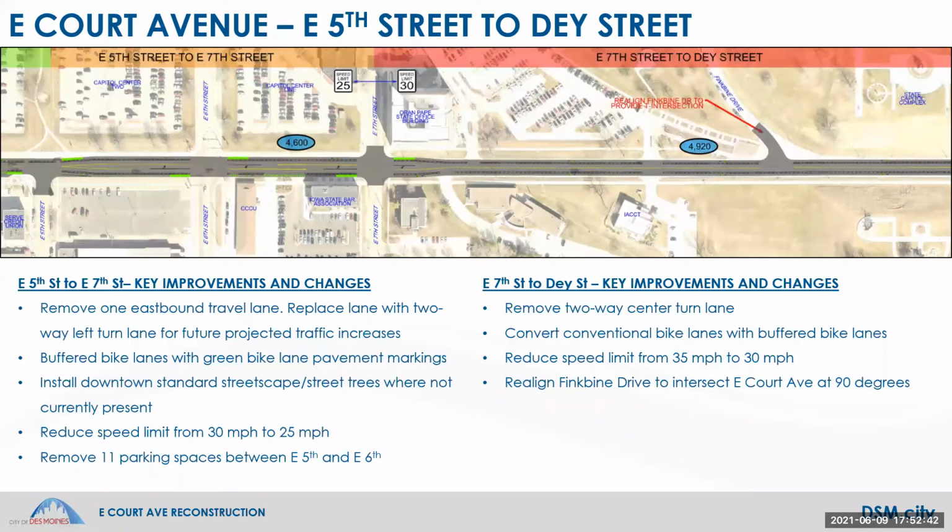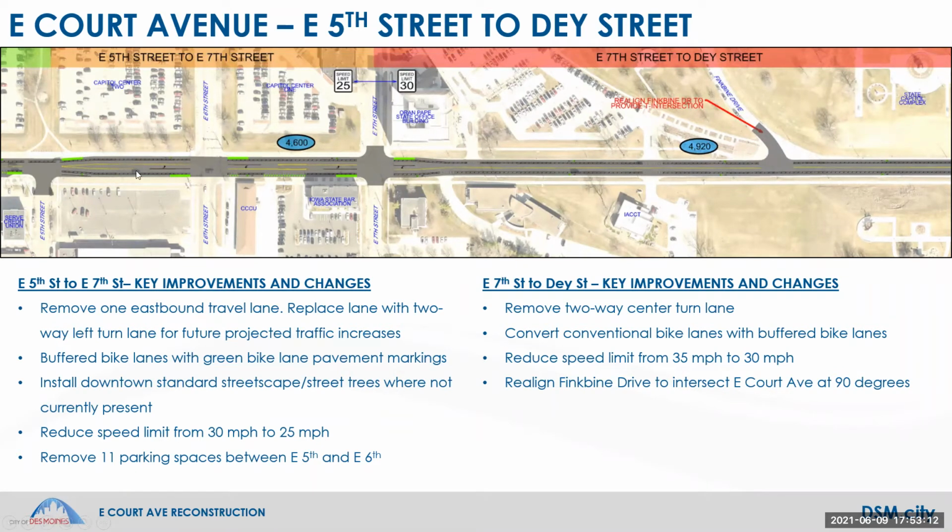And so, as I mentioned, this is a plan view. And I should note that I didn't say this on the last plan view, but these blue ovals are the 2016 traffic volumes for this stretch. So we're expecting some traffic growth and the need for these turn lanes for access into the Market District for traffic flow.